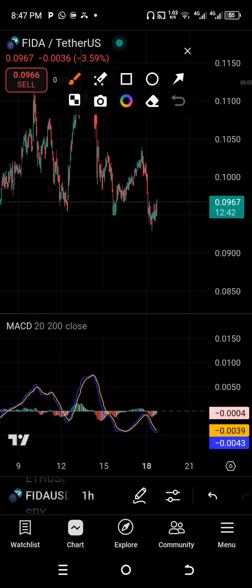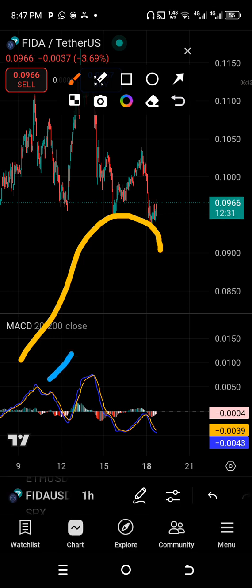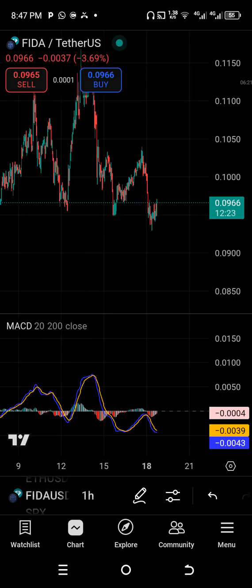Now our yellow line is moving like this, and it turns like this. The blue line will also be moving like this. When the market is up, the blue line is always on top of this yellow line.